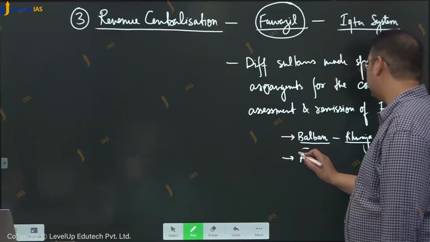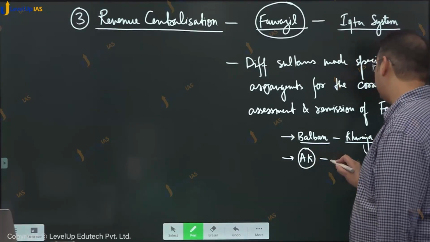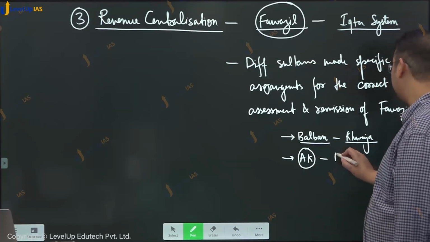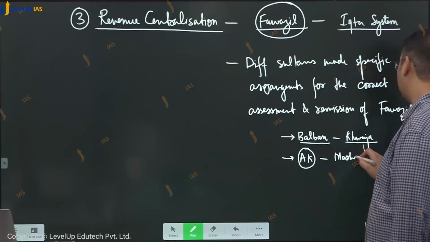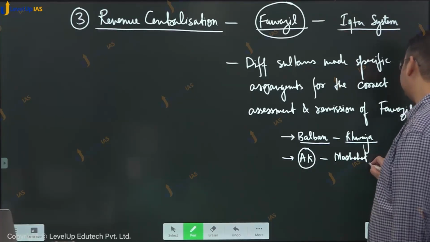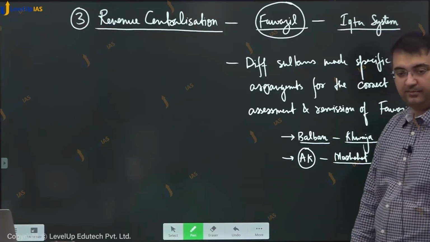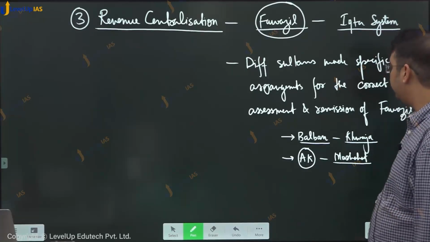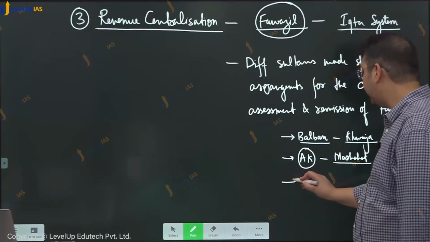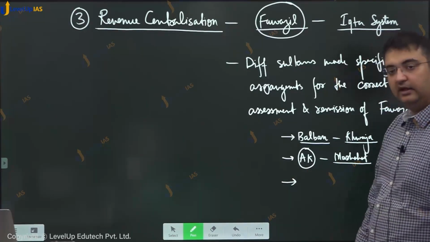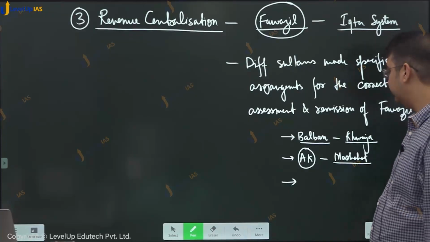Alauddin Khilji introduced the Mashahat system of survey and measurement, thus involving royal officials directly in the process of revenue assessment.